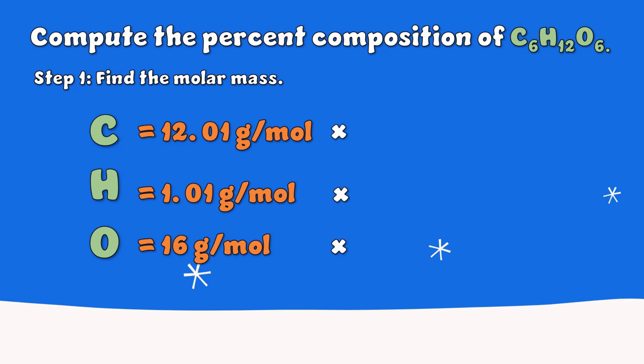Next, we need to multiply the mass of each element by its number of atoms. To get the number of atoms, we need to look at the subscript of each element. Remember, if there's no subscript written, the number of atoms is equal to 1.